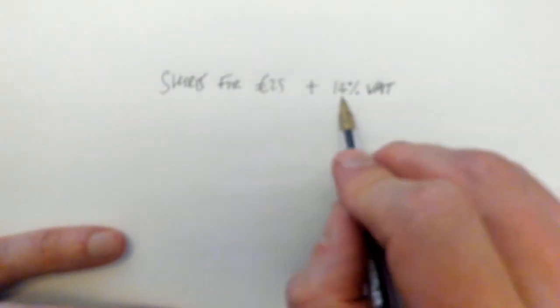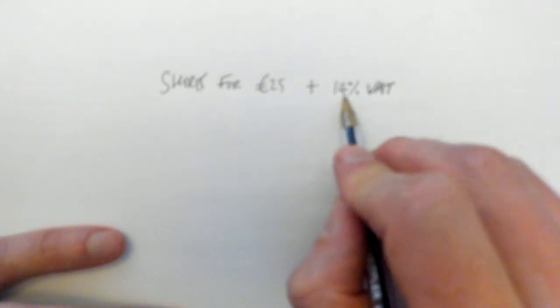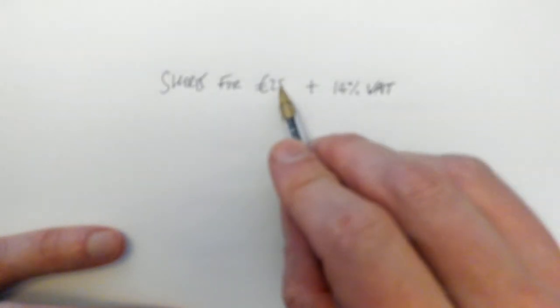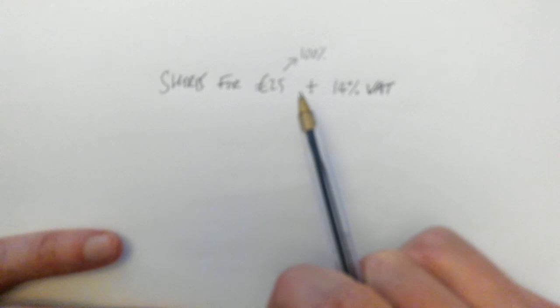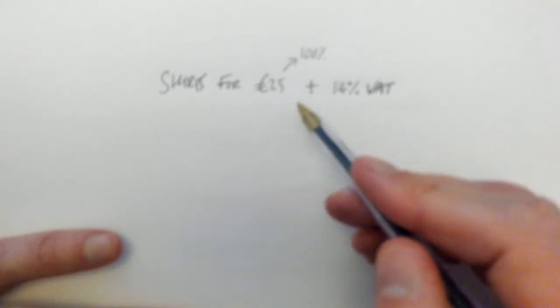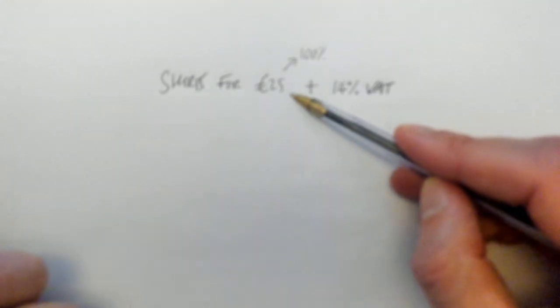So we want to work out 14% on top of the €25. The €25 represents 100%. Focus, please, camera. The €25 represents 100%, so I'm trying to get the camera to focus.